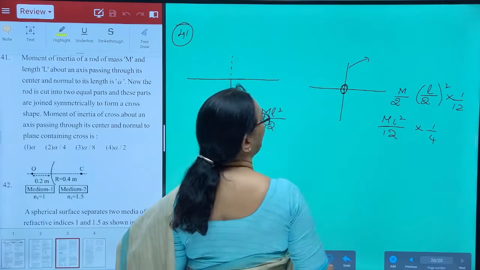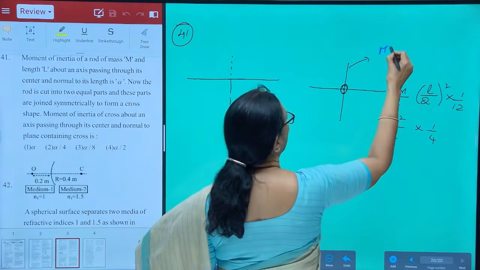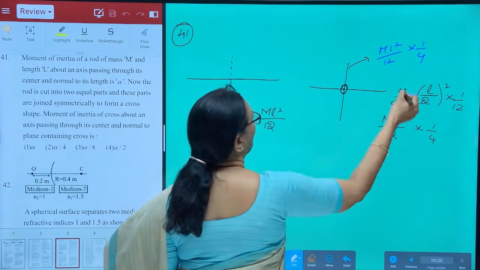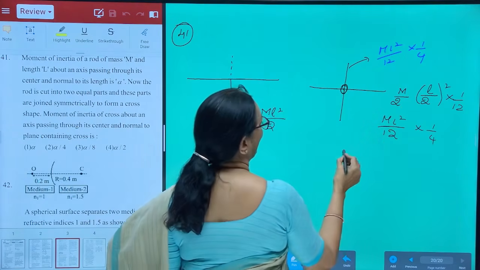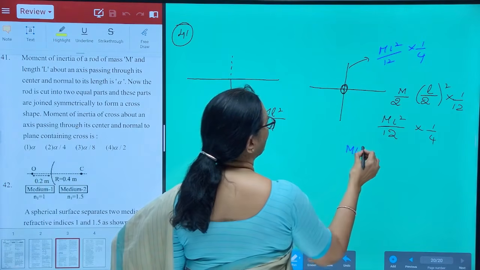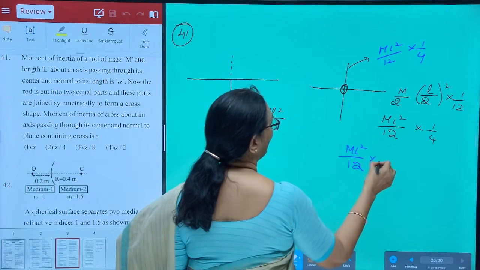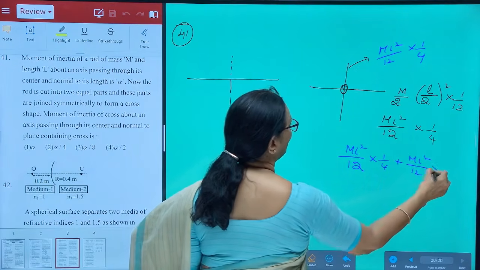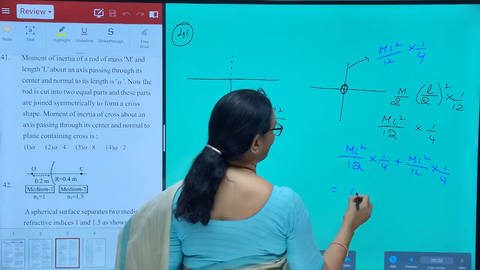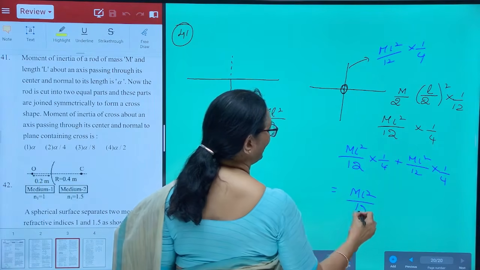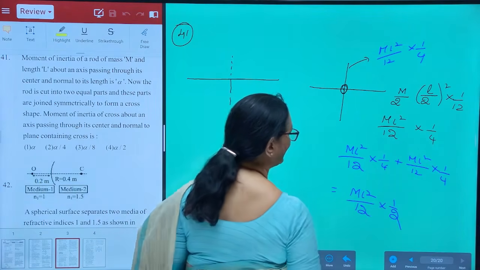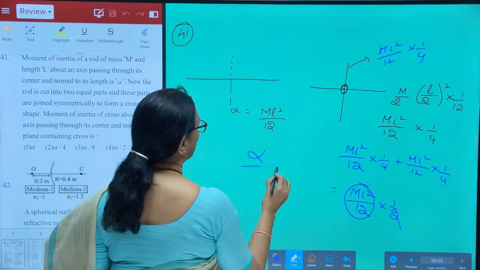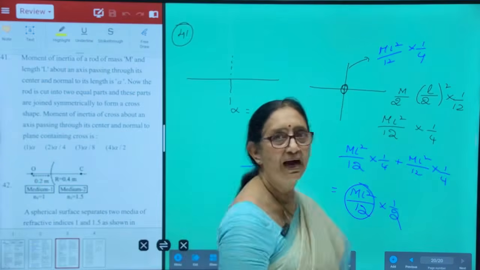Similarly, moment of inertia of the other piece also becomes mL square by 12 into 1 by 4. The combination has the net moment of inertia mL square by 12 into 1 by 4 plus mL square by 12 into 1 by 4, that is equal to mL square by 12 into (1 by 4 plus 1 by 4), which is half. This is given as alpha here. So, answer for that is alpha by 2.